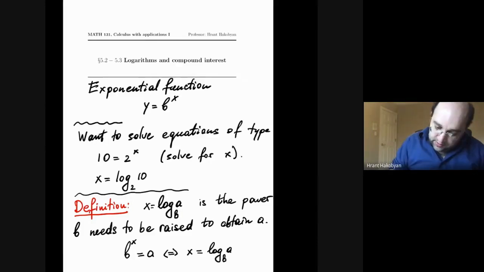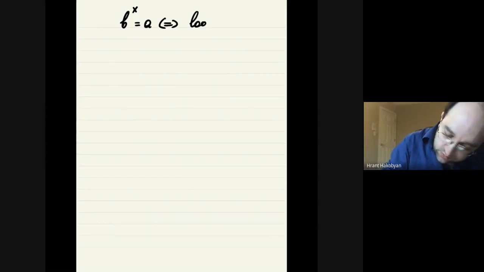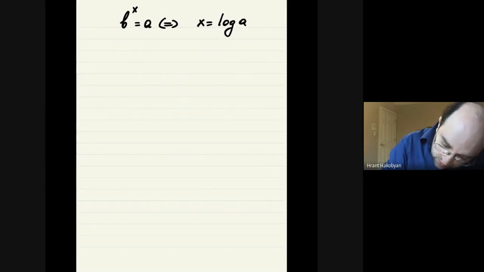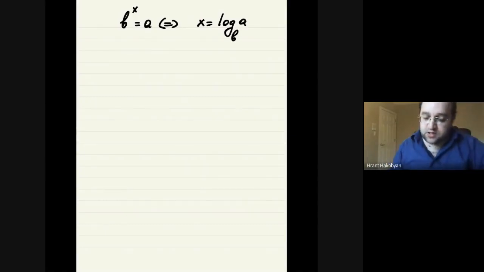So let me write that again: b to the power x is equal to a is the same thing as saying that x is equal to the logarithm of a with base b. Okay, so those are the same.